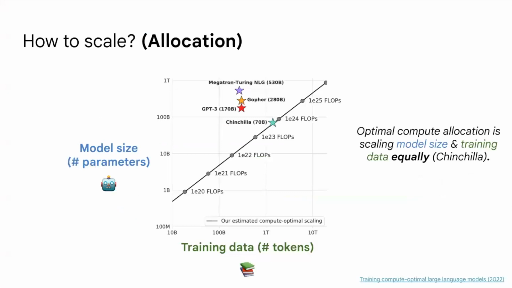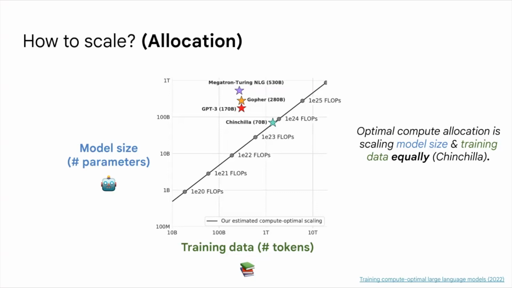So given that we have these two ingredients, how should we allocate our compute to them in order to scale most efficiently? And the current consensus is you should scale equally. So you'd like to scale up model parameters on the y-axis and training data on the x-axis equally. And both axes here are in log. And the gray line corresponds to this equal scaling.